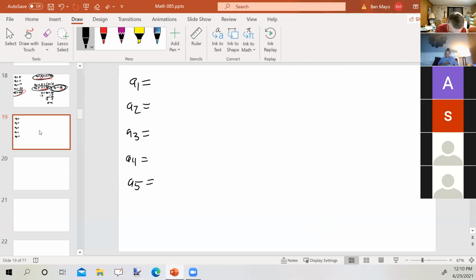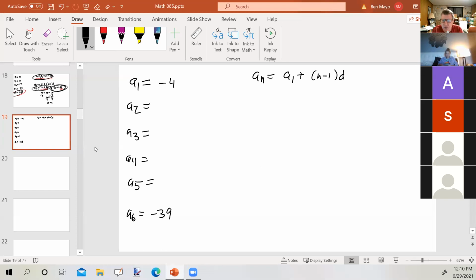They tell us that the first term is -4, and they tell us that the sixth term is -39. Okay, they want the first 5 terms, but they give us the first term and the sixth term. Again, they said it was an arithmetic sequence, so a sub n equals a sub 1 plus the quantity n minus 1 times d.